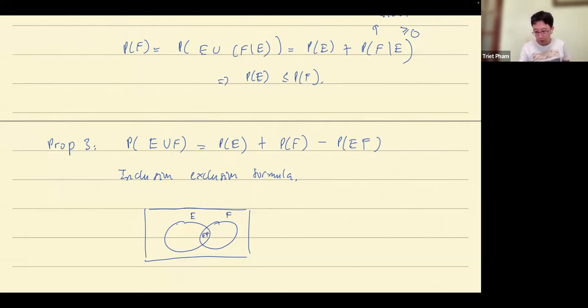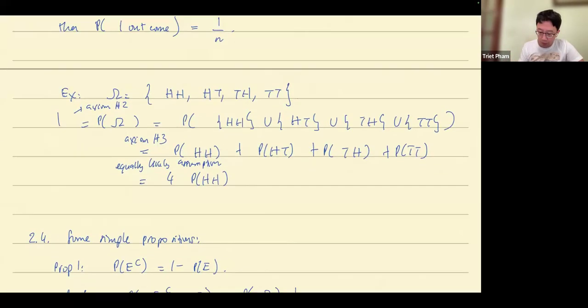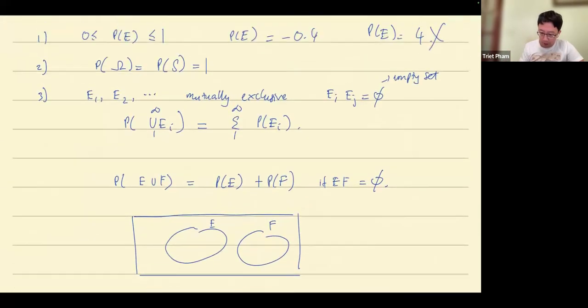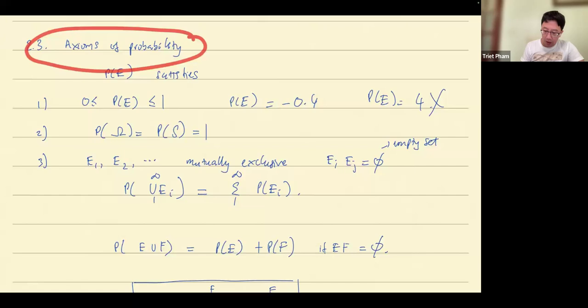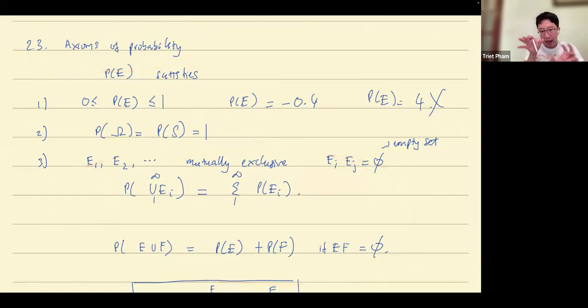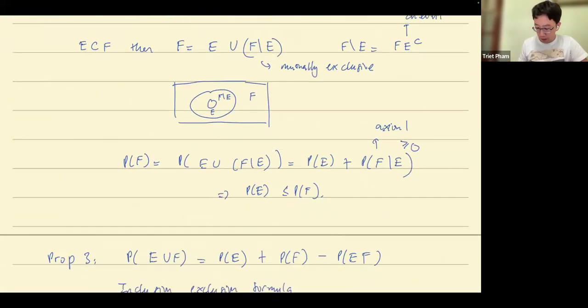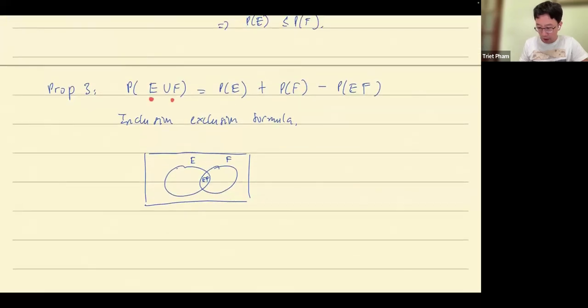Notice the key to arguing any of these out, I mean, there are many ways to do it, is that we're trying to follow the axioms, especially the third axiom, which allows us to add probabilities when we look at the union, as long as the events are mutually exclusive. So the problem, of course, is E and F here are not mutually exclusive. So it doesn't matter, right? We can do something like this.